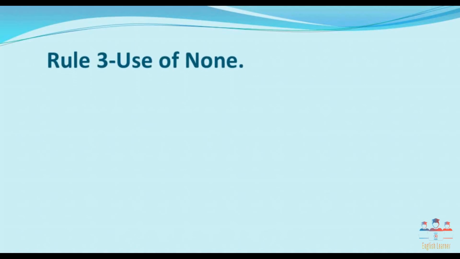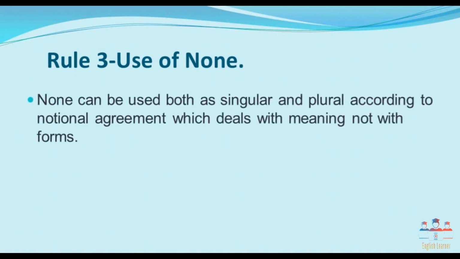Next we are going to have rule number 3, and it is about the use of none. None can be used both as singular and plural according to the notional agreement, which deals with the meaning, not with the forms. In grammar there is a concept called notional agreement, and this agreement is considered here because it agrees with the meaning rather than the form.